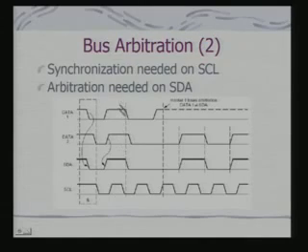The device which is sending will not detect a conflict, and it may assume that the bus is with it only. When it comes to the next one, there also you will find no conflict.